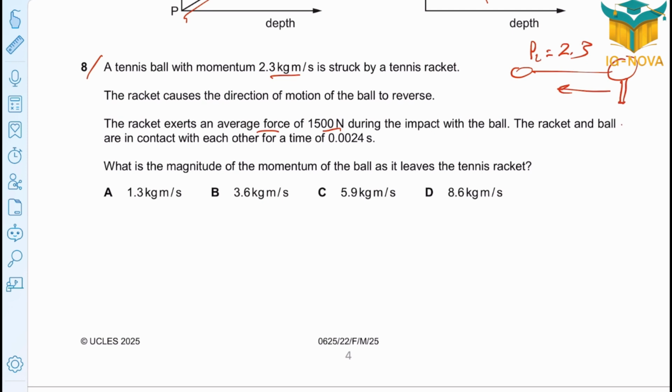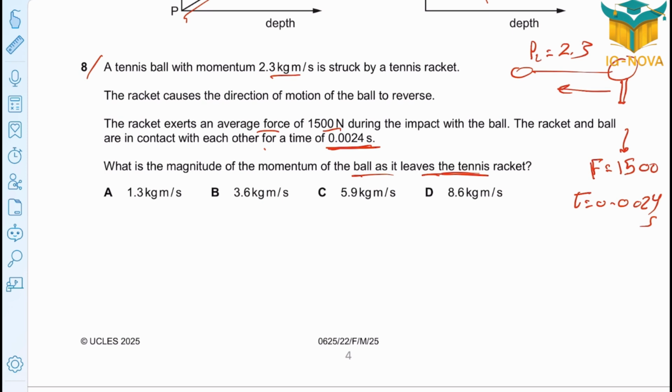So here is the applied force, 1,500. The racket and the ball are in contact with each other for time 0.0024 seconds. What is the magnitude of momentum of the ball as it leaves the tennis racket?